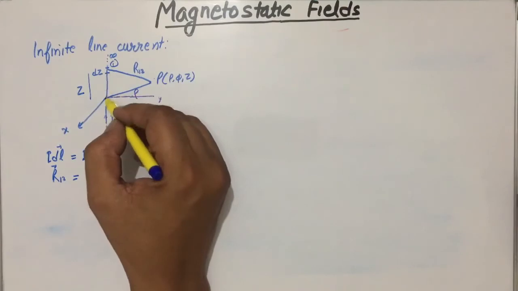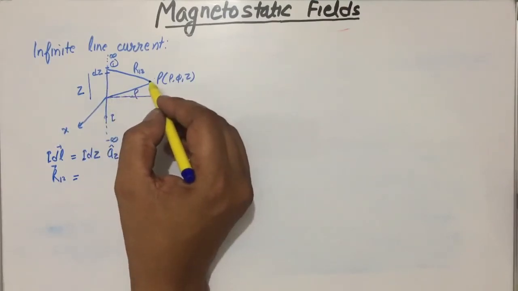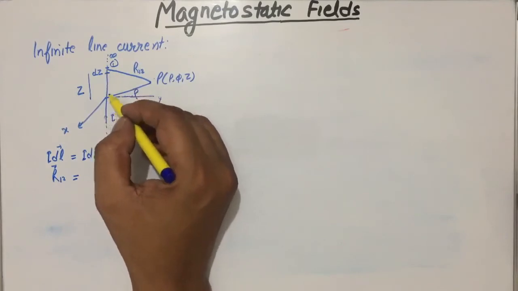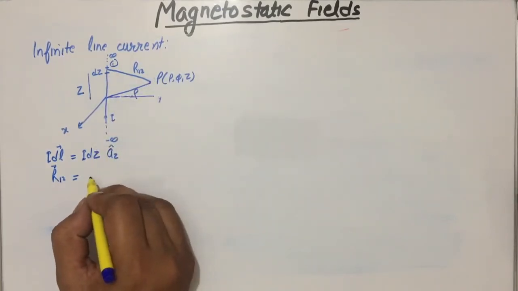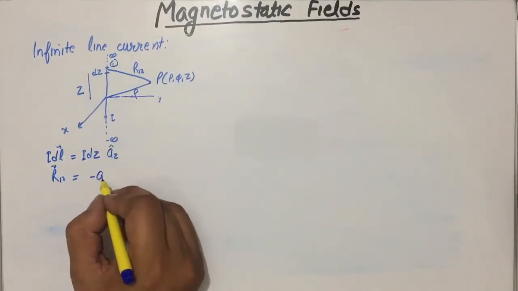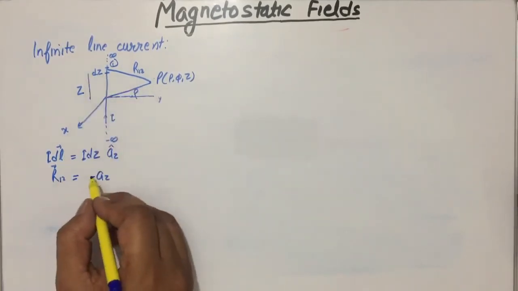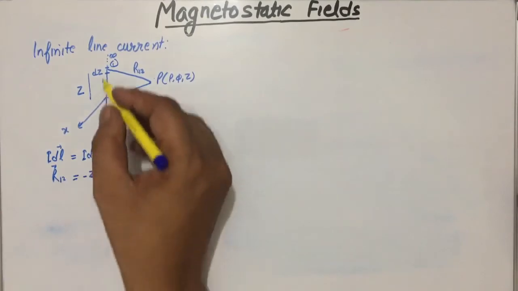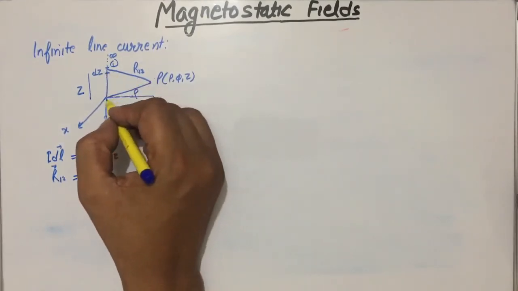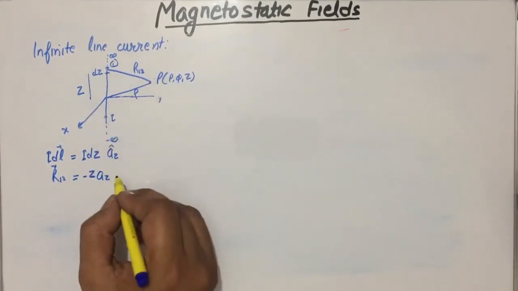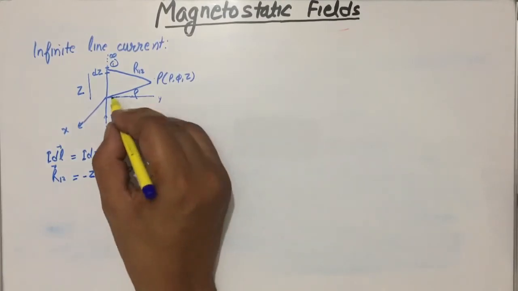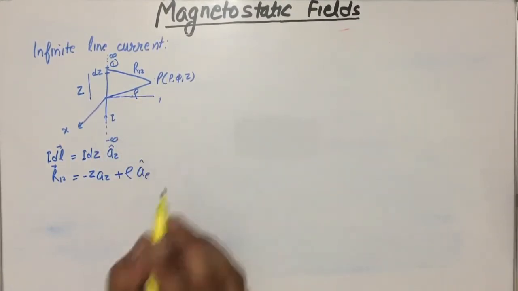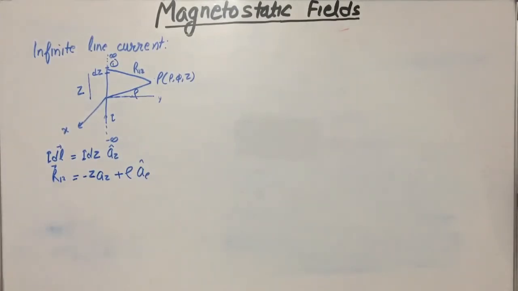Start from here: this vector will be minus az, and its length is z, so minus z az, plus this vector, which is rho in the direction of arrow. This is R12.